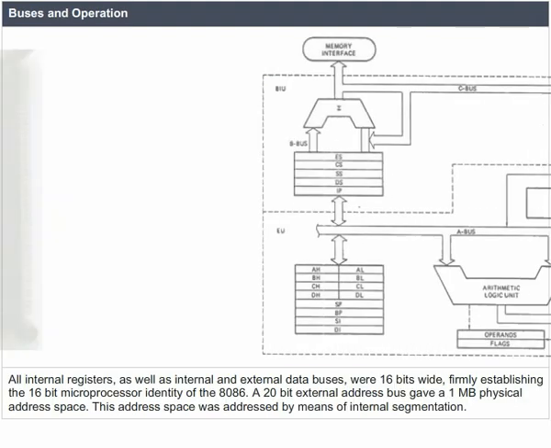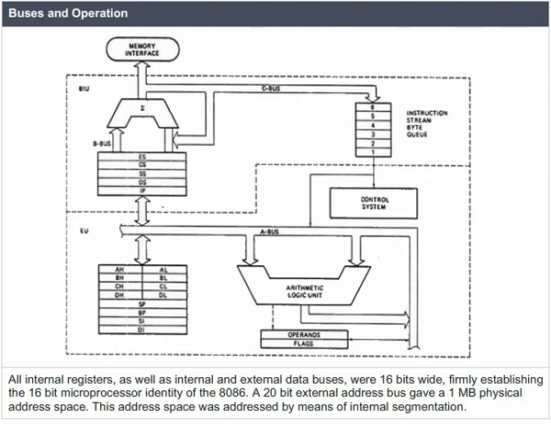Buses and operation. All internal registers as well as internal and external data buses were 16 bits wide, firmly establishing the 16-bit microprocessor identity of the 8086. A 20-bit external address bus gave a 1 MB physical address space. This address space was addressed by means of internal segmentation.